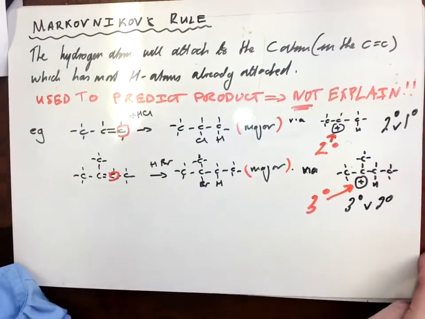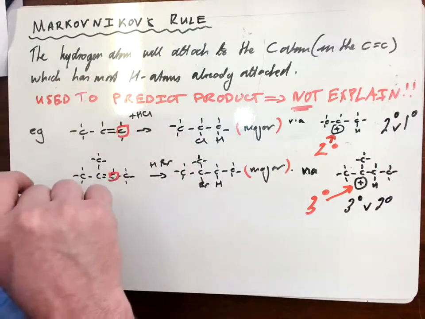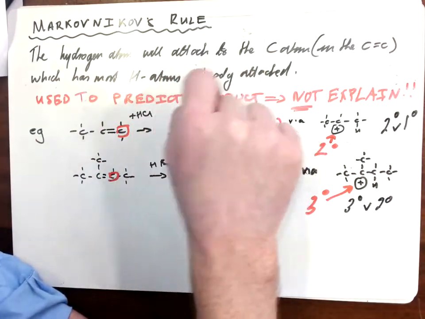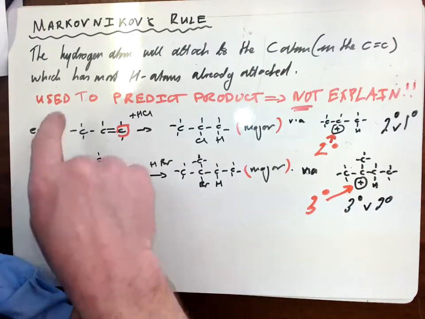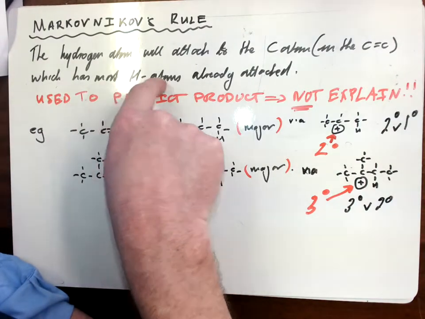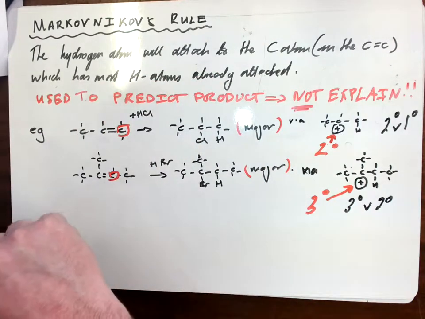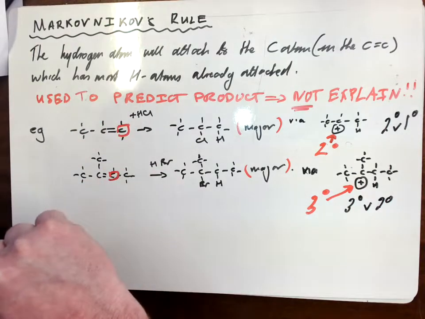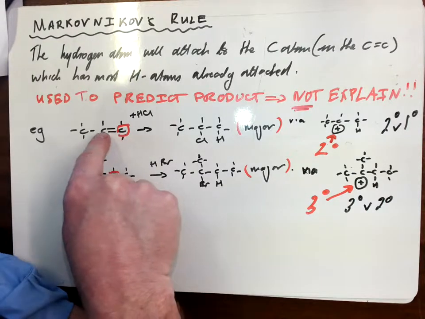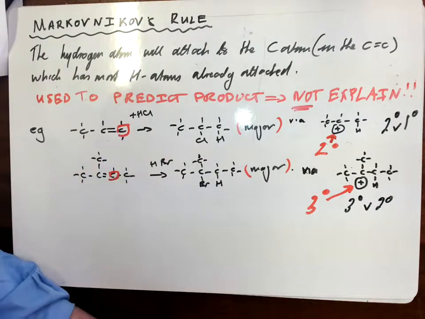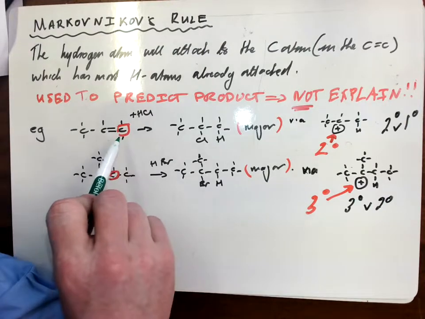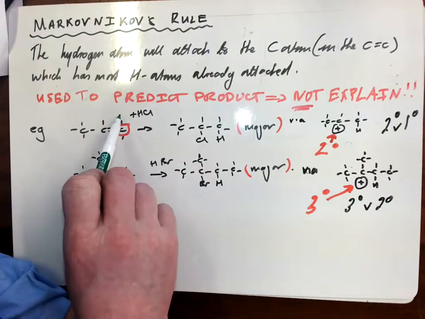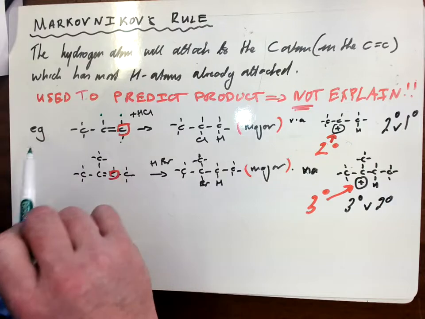So Markovnikov's rule simply states that the hydrogen atom will attach to the carbon, in the carbon-carbon double bond of course, which has most hydrogen atoms already attached. So if we look at this example here, we're adding HCl to it. So very quickly, how do we indicate the major product? Well, there's my 2 carbons in the double bond. The one in the red square has got the more hydrogens attached to it, 2 hydrogens versus 1.